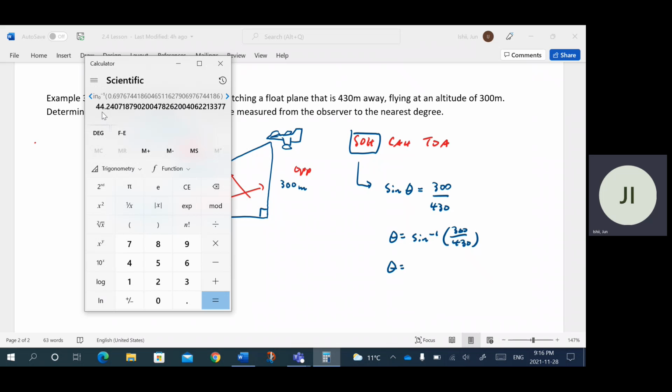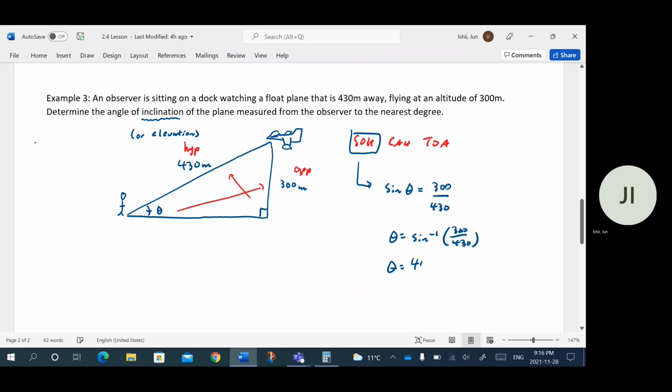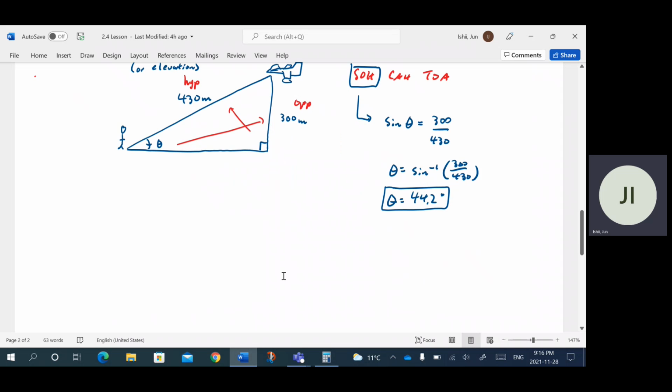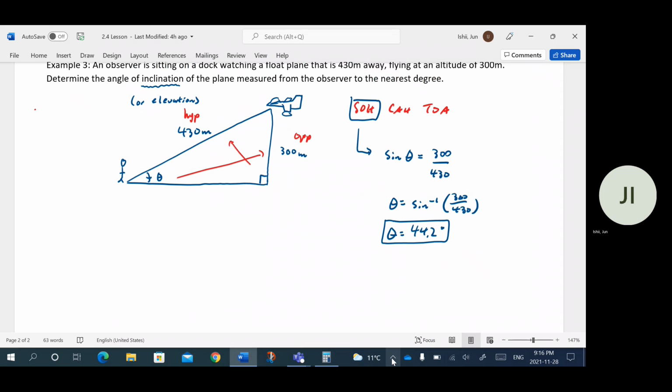As it turns out, the angle itself is going to be 44.2 degrees. So that's the angle of inclination, or sometimes called the angle of elevation. Cool. So that is the sine and cosine ratios.